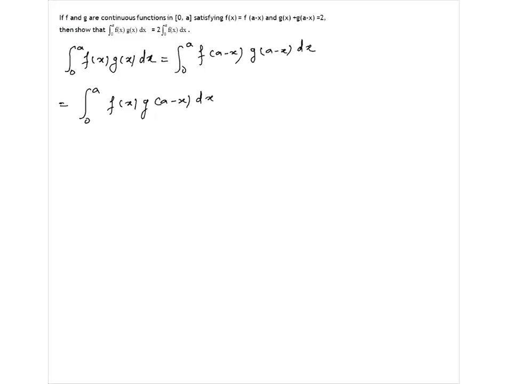Now, what is the objective? Objective is to remove gx. Let's try that a minus x property again.